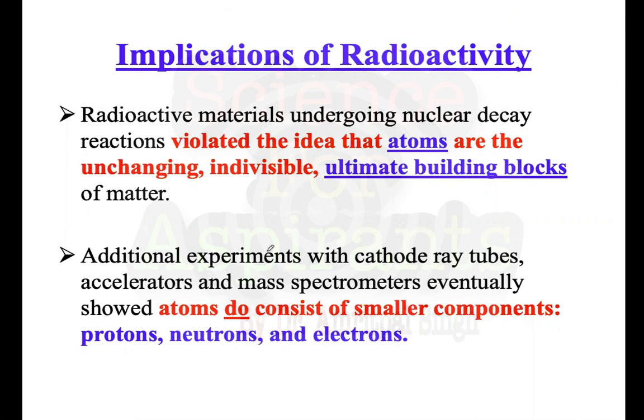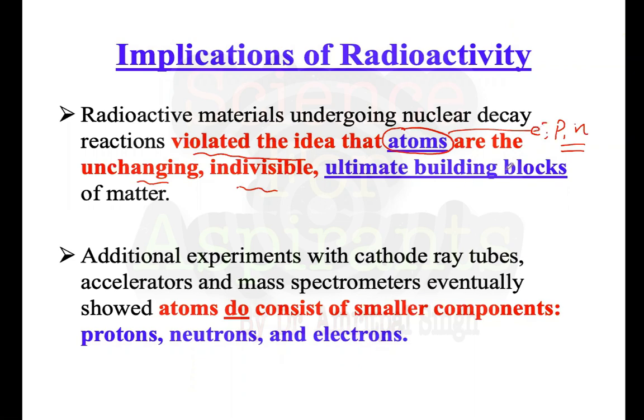So after the discovery of natural radioactivity, people found that the atom, which was considered as the elementary particle, violated the idea that atoms are the unchanging, indivisible, ultimate building blocks of matter, because after this discovery they found that there are other particles present within atoms, like electrons, protons, and neutrons, which can be the building blocks.